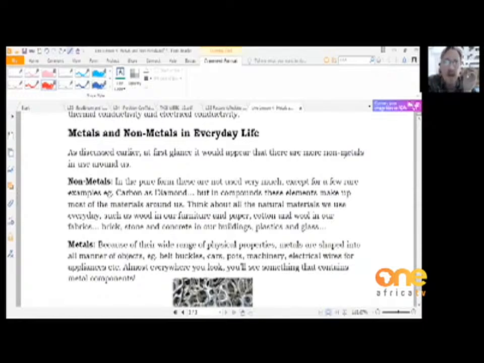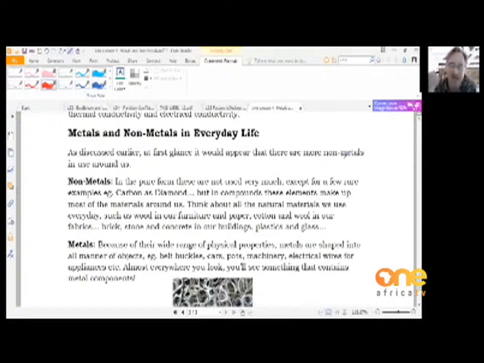So, non-metals in the pure form are not used very much, except for a few rare examples. If you think of carbon in its pure form, well, if you're having a barbecue, you might burn charcoal briquettes. That's a pure form of carbon.